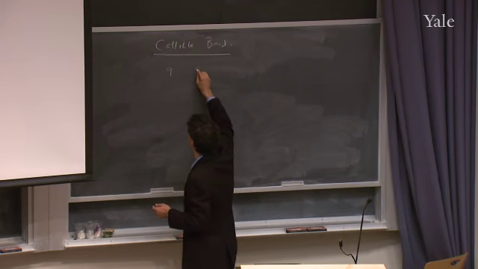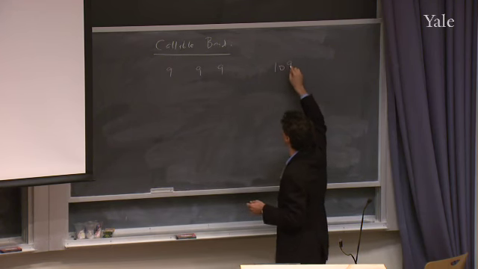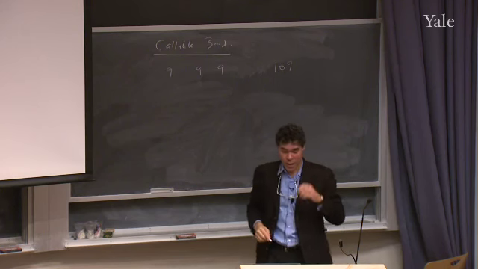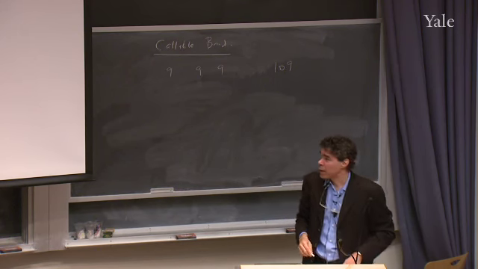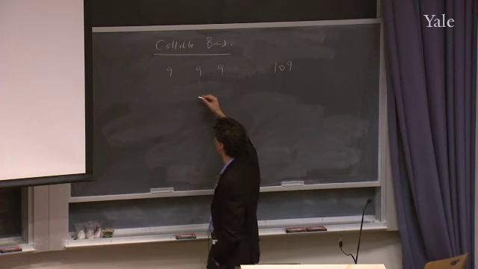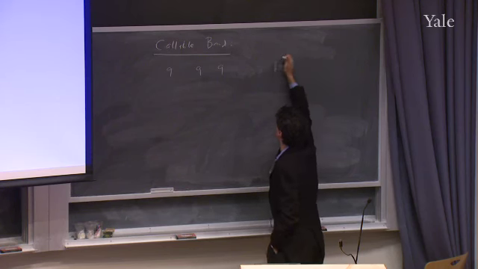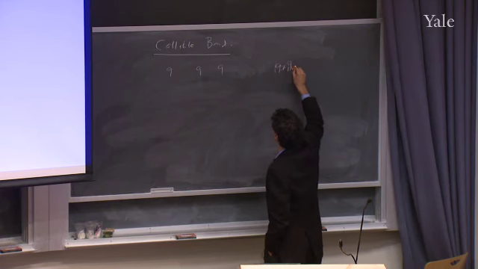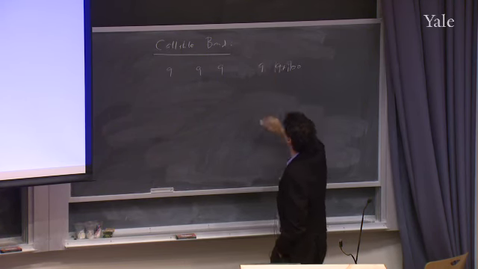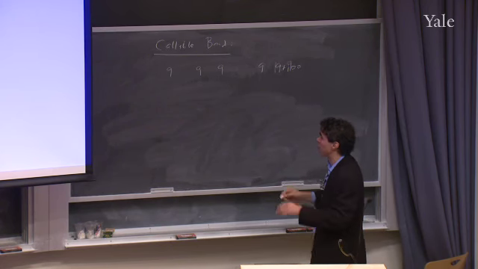So the bond pays 9%, 9%, and then some years later it pays 109. But at any point in time, the company has the option of calling the bond, so it's going to pay 9 plus 100 at the end. So at any time, the company has the option of calling the bond.